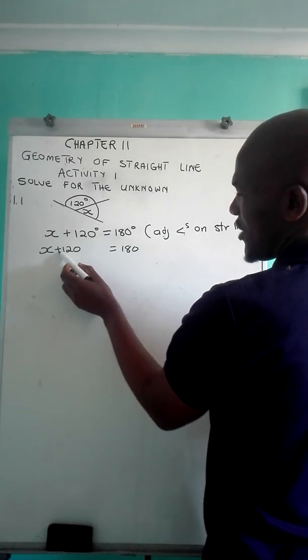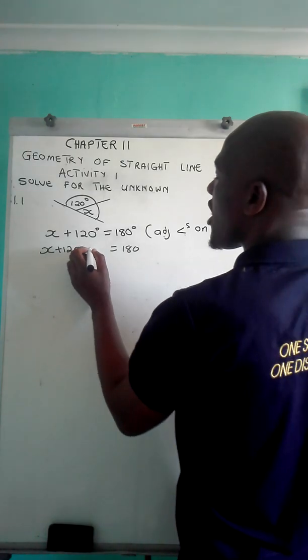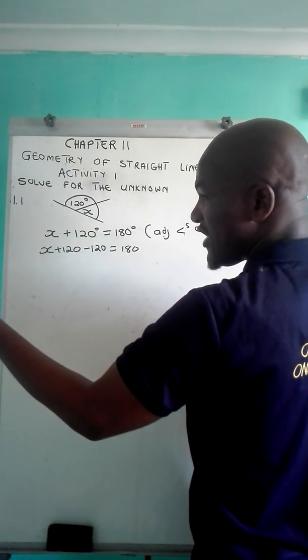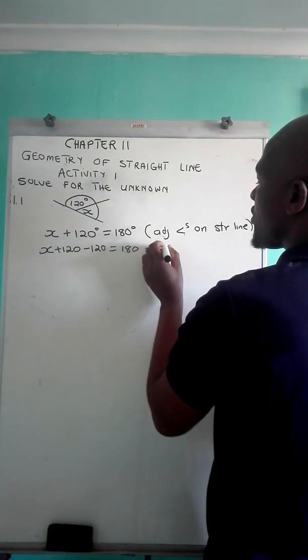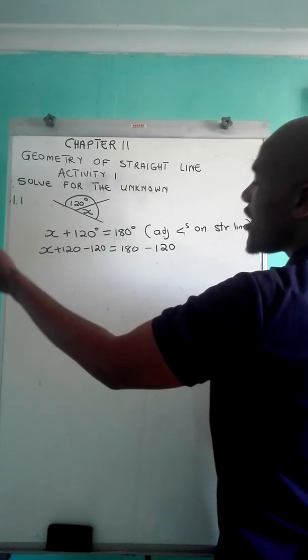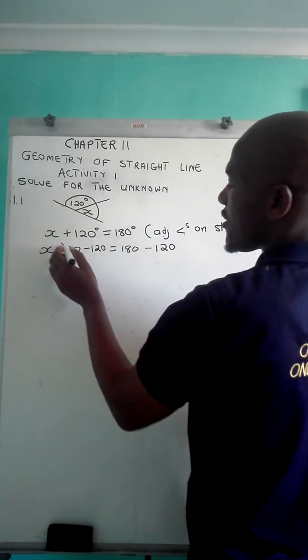So this is plus 120. There is what we call an additive inverse. I must subtract 120. What you do on the left hand side, you also do on the right hand side. If you minus 120 on the left hand side, you must minus 120 on the right hand side.